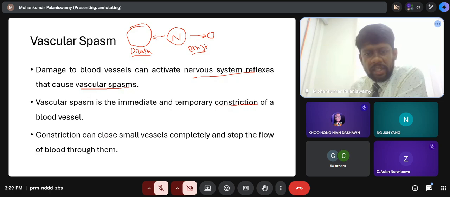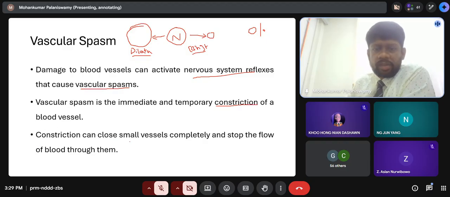Constriction can close small vessels completely and stop the flow of blood through them. If the blood vessel is already small, after vasoconstriction it will be very, very small, which can totally cut the blood supply itself. If the blood vessel is somewhat big, after vasoconstriction there will still be a small amount of blood flow.